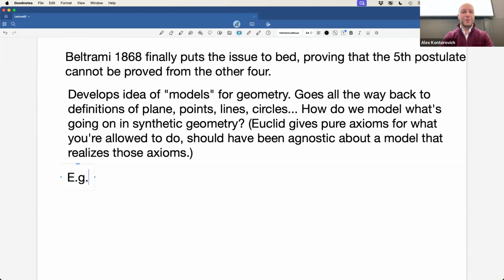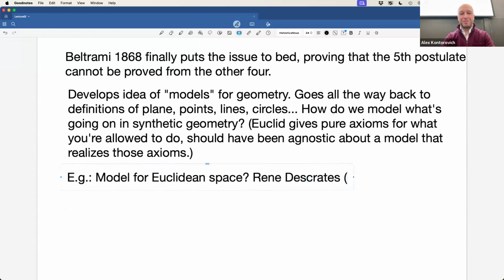So here's one example. How about actual flat Euclidean space? So what's a model for Euclidean space? How about the Cartesian plane? Rene Descartes, this is from the 1630s, whatever, gives us the Cartesian plane.